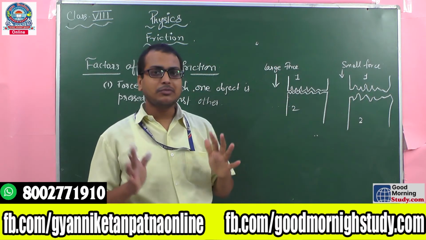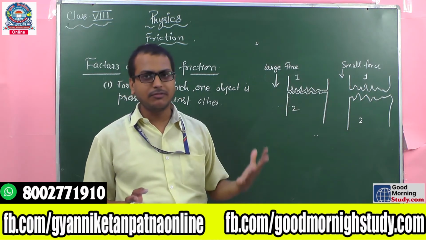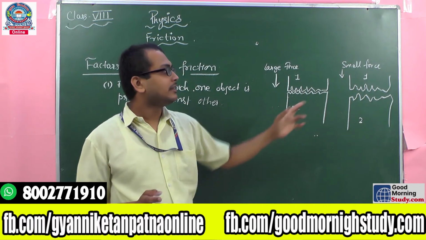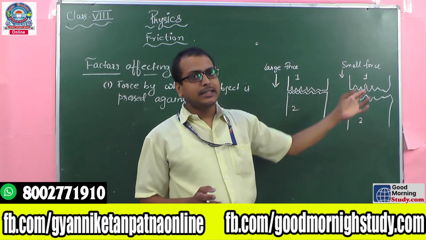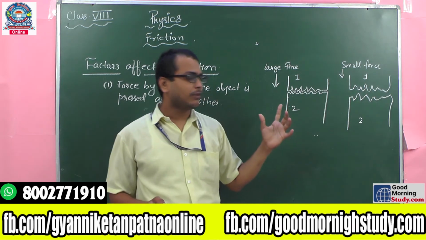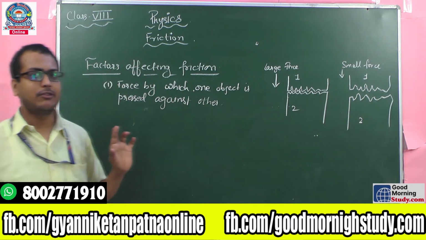So whenever one object presses another with a larger force, the amount of interlocking is larger. That is why this is one of the reasons on which the frictional force depends.